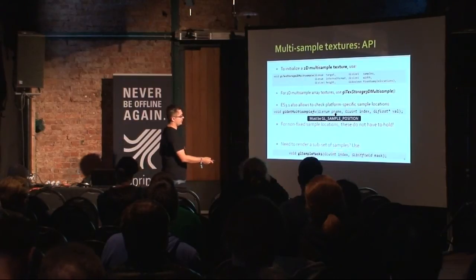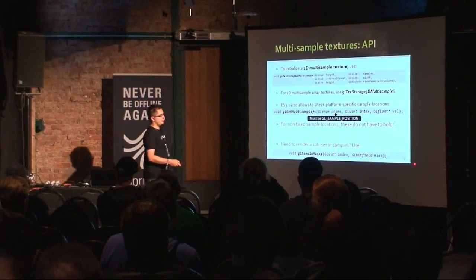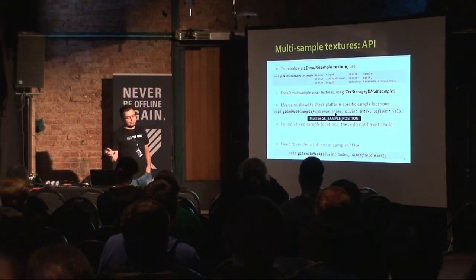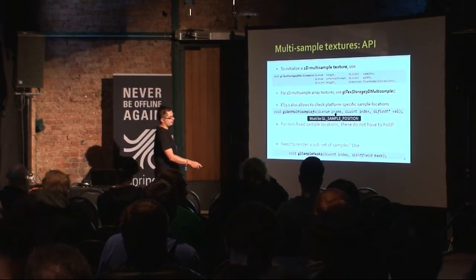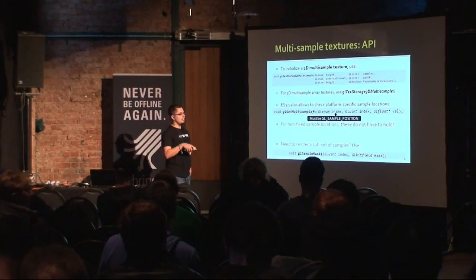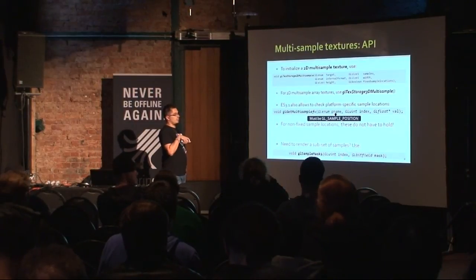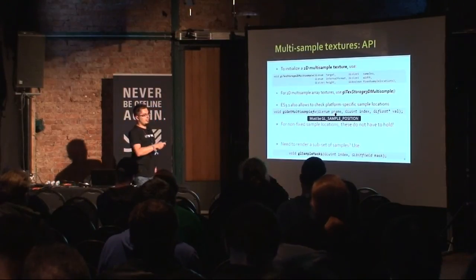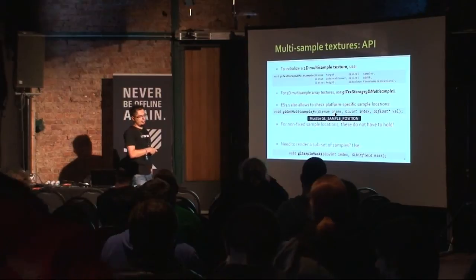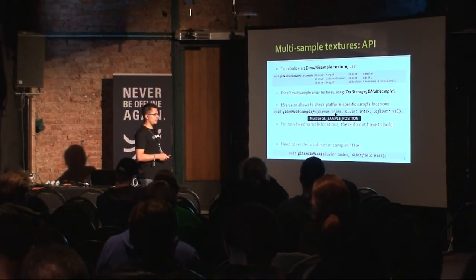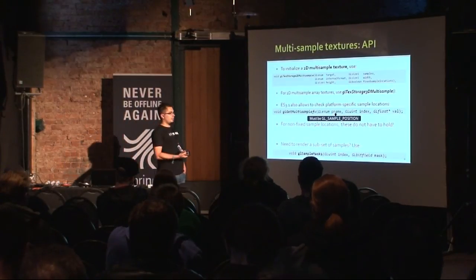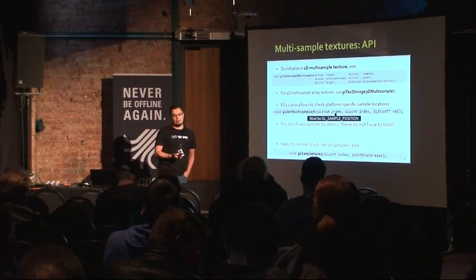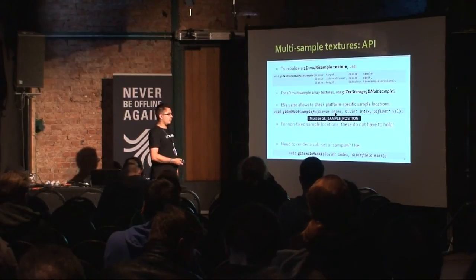So for instance, if I set my index to 0 and then configure my mask to be something, only the first 32 bits would have been controlled by the call. But if I configure index to be 1, I would be telling OpenGL ES that, OK, I've already configured this on-off state for my first 32 samples, but now I would like to configure whether I'm interested in rendering to the next 32 samples.